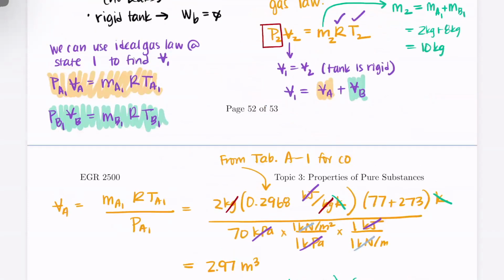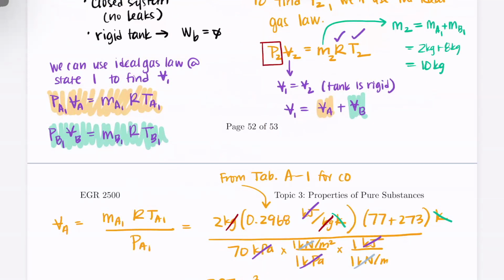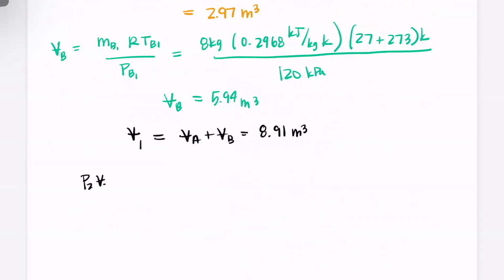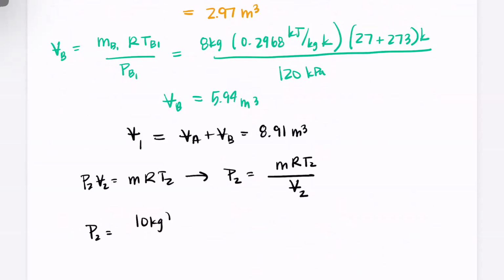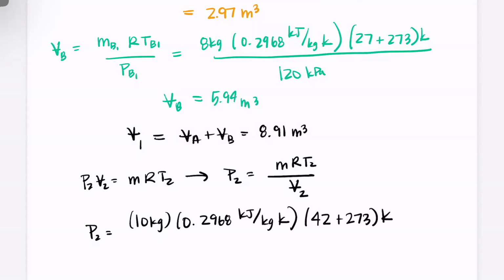Okay, so going back to this equation here, we have P2 V2 is equal to M R T2. So I can solve this for P2 now. I have M R T2 divided by V2. And now I have all of the parts of this that I need. So I have 10 kilograms is our total mass times R, which is still that 0.2968 kilojoules per kilogram Kelvin, times T2 is 42 degrees C plus 273, which converts that to Kelvin.